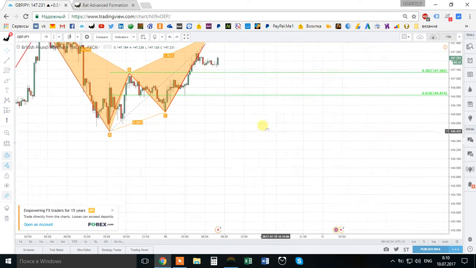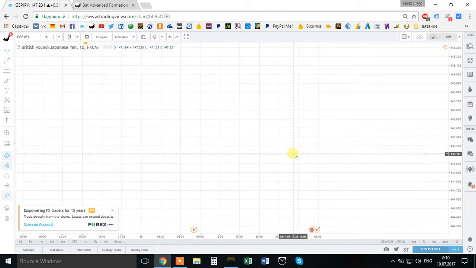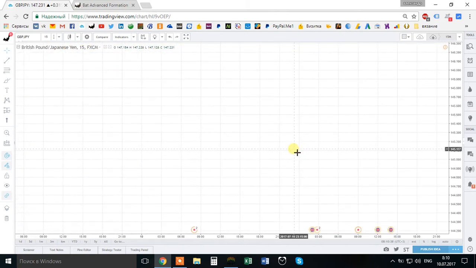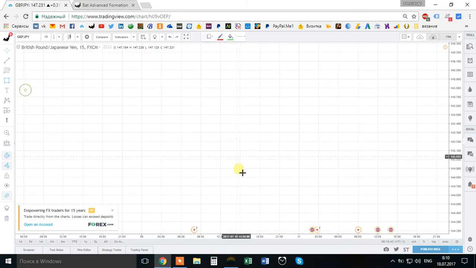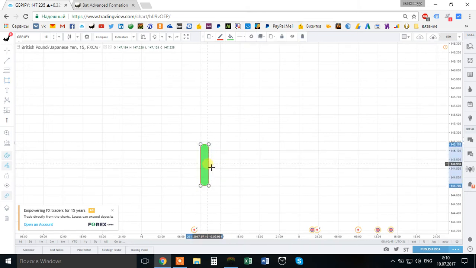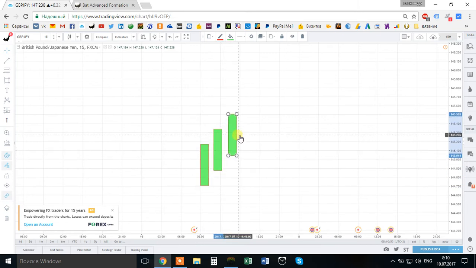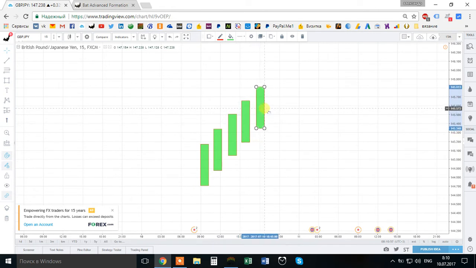Okay, so now let me show you the ideal CD leg, how it should look. I will draw a number of candles. This is candle number 1. Let's say this is candle number 2. This is the CD leg. And it obeys the principle of candlestick trading.